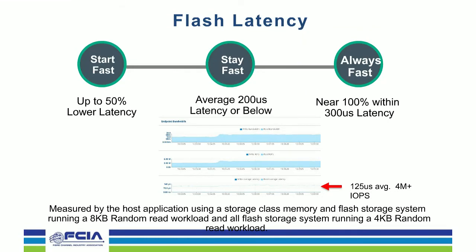The important thing about flash latency is that it does provide a consistency as compared to rotating media. And it's just wonderful today to see, with NVMe flash drives, that on a 4 million 4K IOPS workload, if that's part of your workload, you can see a constant 120 microsecond average latency.